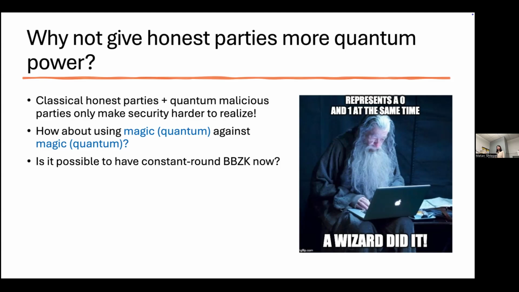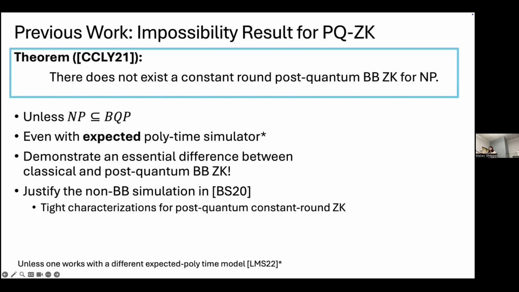So your previous slide said, unless you consider some other expected polytime model, what is that other expected polytime model? I don't think I have time to go into details, but on a high level, in the model where an expected polytime simulator is impossible, we are assuming that the information about the simulator's running time is classical.